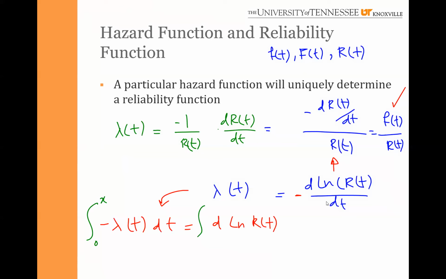On the left-hand side, I'm going to have the integral from 0 to x of minus lambda(t) dt. On the right-hand side, the integral is going to cancel with the d. I'm evaluating at 0 and x, so the right-hand side will be ln of R(x) minus ln of R(0).